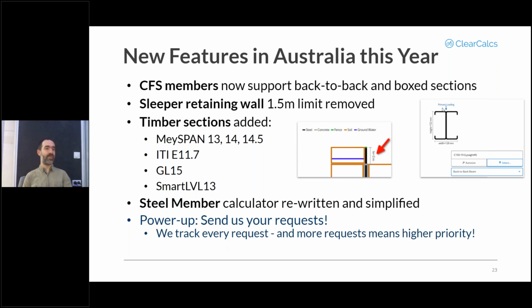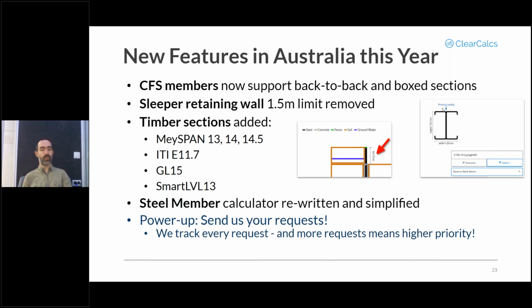We've added a lot of different timber sections that various of you have requested. If you ever are looking for a section or manufacturer or size that we don't currently have in our database, send us a message and we will get that added into our database.